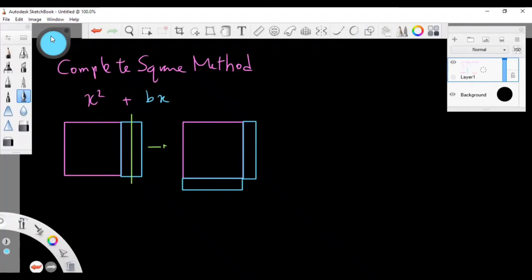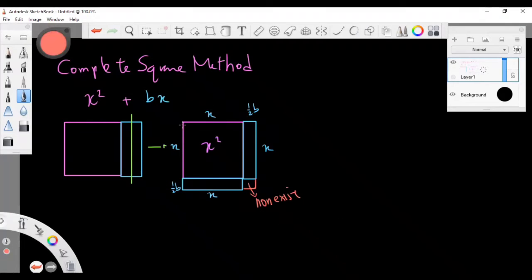So this will be x squared, and then this will be half b, and this is half b also, and this is x, and this will be x, right? And then we have one empty space here. I just use the red color. So this is non-existent. So it's supposed to be subtracted with something.